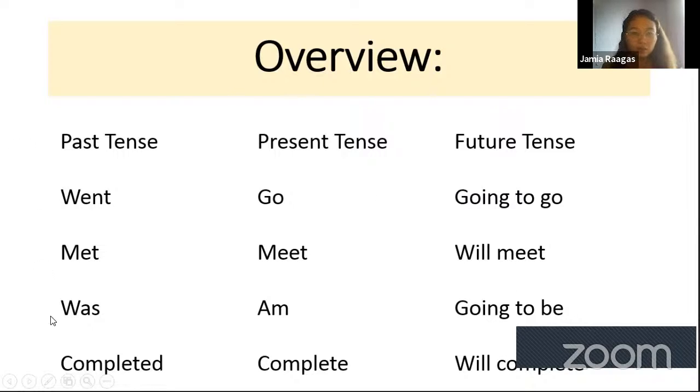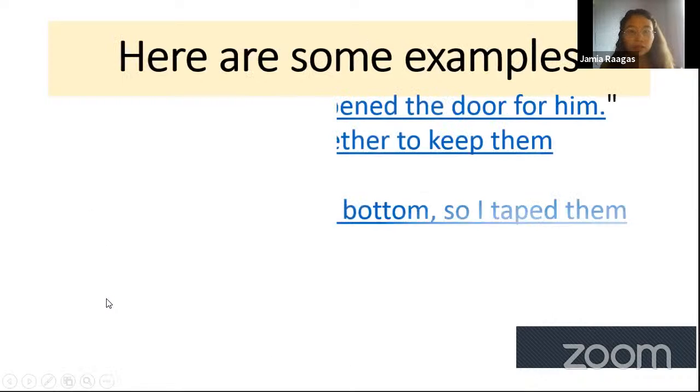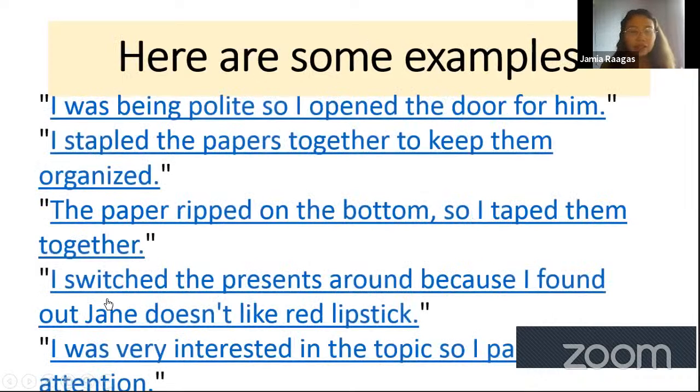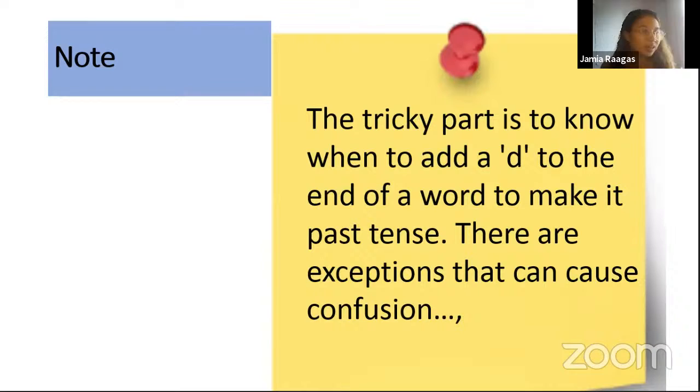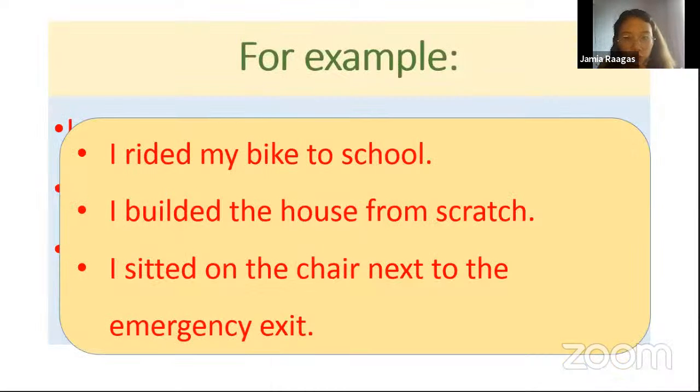Going to be. Now we can have this one here. But let's have some examples. I think these are very easy and understandable. So let's just do this activity here. The tricky part is when to add D or ED. So I want you to correct these sentences here. I think these are very easy. Correct these sentences.